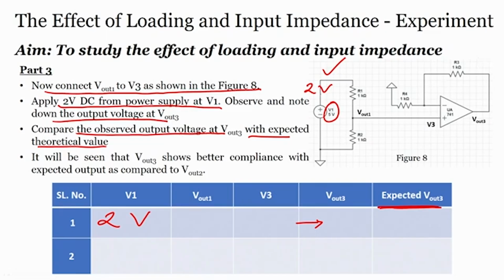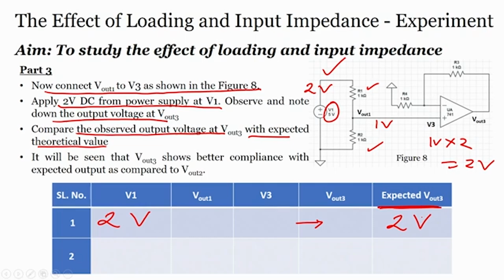That means if I apply 2 volts, my expected output should be 2 volts across R1 and R2. This is 1 volt, with a gain of 2, so 1 volt into 2. The output will be 2 volts. So my expected output at V3 is 2 volts.